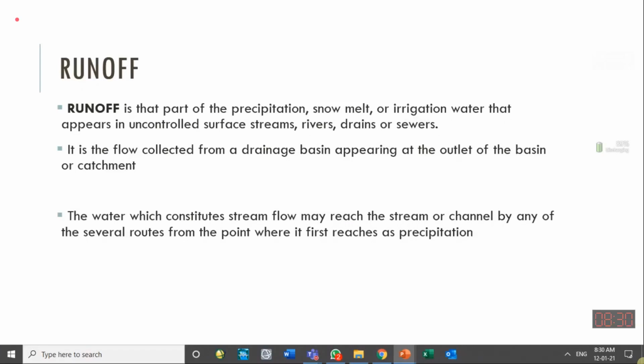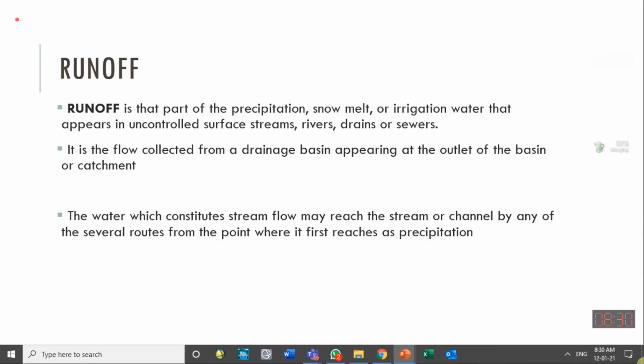Some part reaches the drains also or rivers also. So that also makes runoff. So that part of precipitation, snow melt, or irrigation water that reaches the streams, rivers, drains, sewers; hydrologically they are similar.